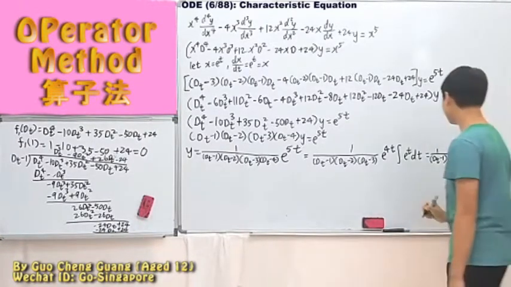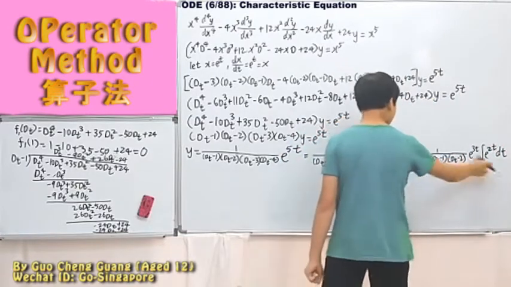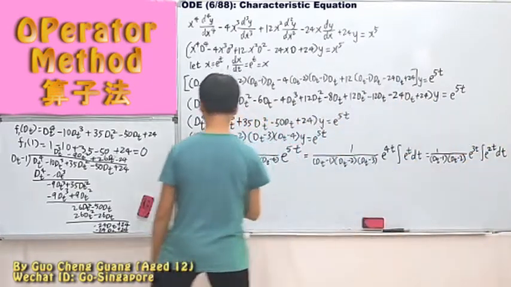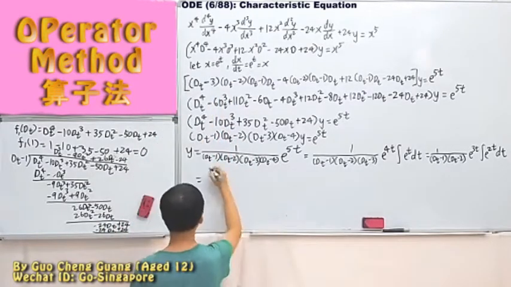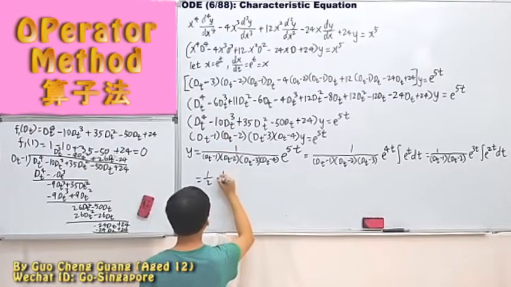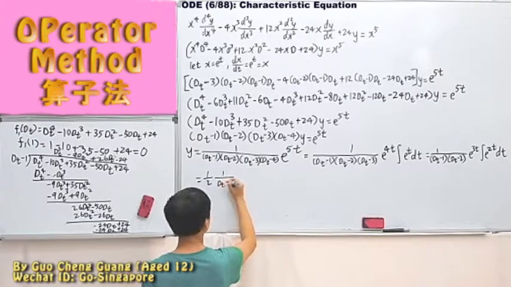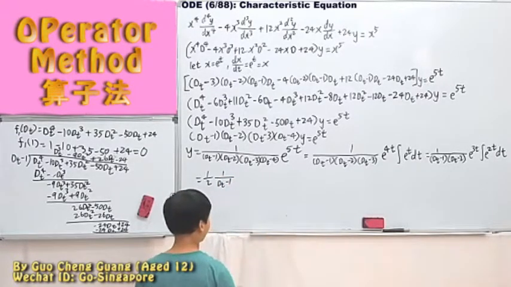And this will be what you have. That means when you integrate, there will be an extra half. So you get an extra half there.